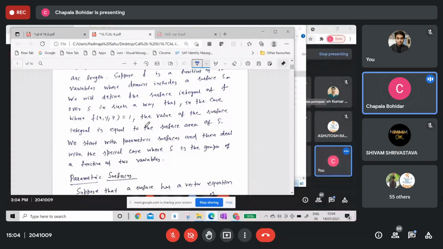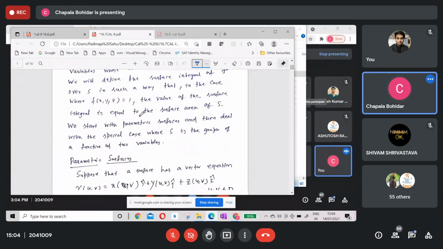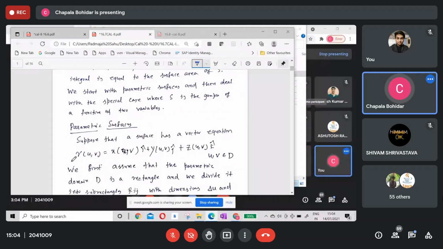So for the surface area of S, we start with a parametric surface and deal with the special case S. Here the parametric surface r(u, v), as I discussed in the last chapter, where r is a vector function equal to x i cap, y j cap and z k cap.